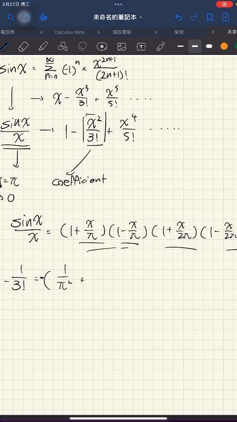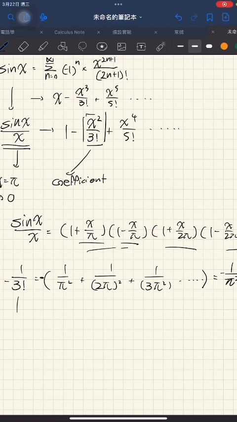So we get negative 1 over pi squared plus 1 over 2 pi squared plus 1 over 3 pi squared, and so on. And this will equal to negative 1 over pi squared sigma 1 over n squared.